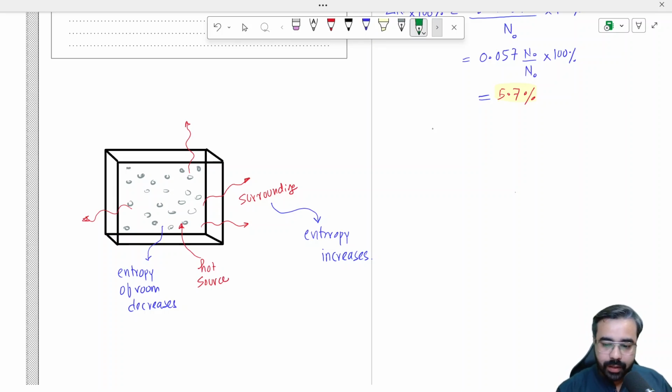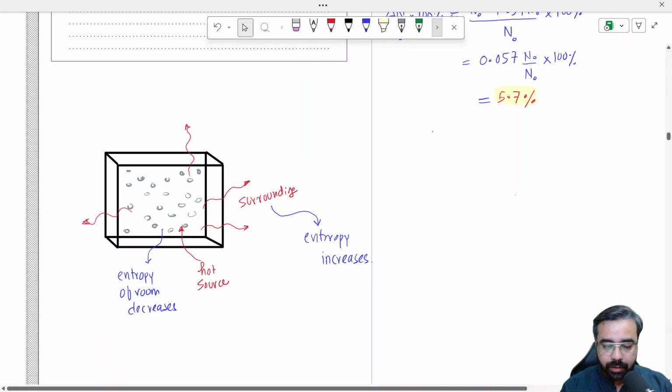So the heat that is lost to the surrounding cannot be retrieved. Now that is gone into the sink, into the surrounding. You cannot utilize it. So that is why I'm saying it is an unavailable amount of energy that you cannot retrieve. So it means that the entropy increases.